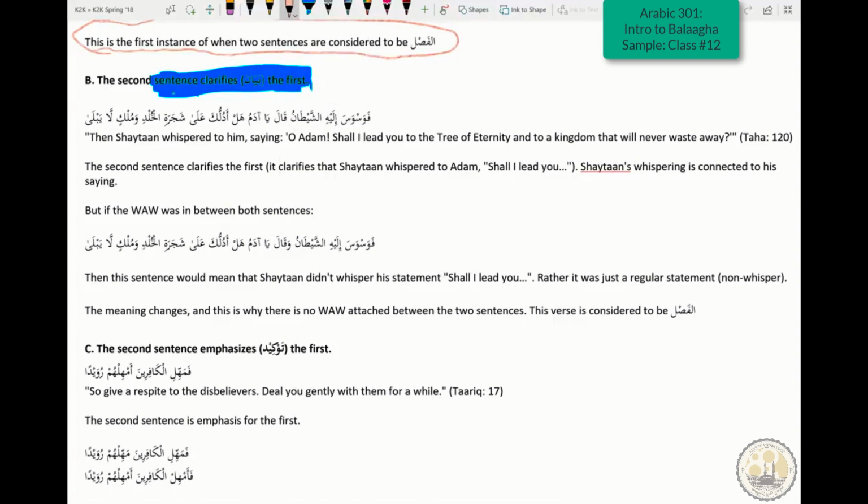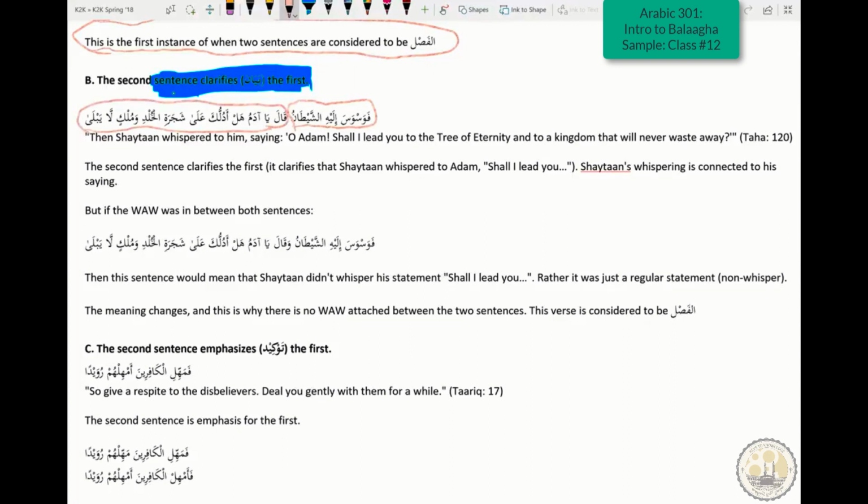Okay, let's first identify where the two sentences are. فَوَسْوَسَ إِلَيْهِ الشَّيْطَانُ is the first sentence. Then Shaitan whispered to him. The second sentence is قَالَ يَا آدَمُ هَلْ أَدُلُّكَ عَلَى شَجَرَةِ الْخُلْدِ وَمُلْكٍ لَا يَبْلَى.